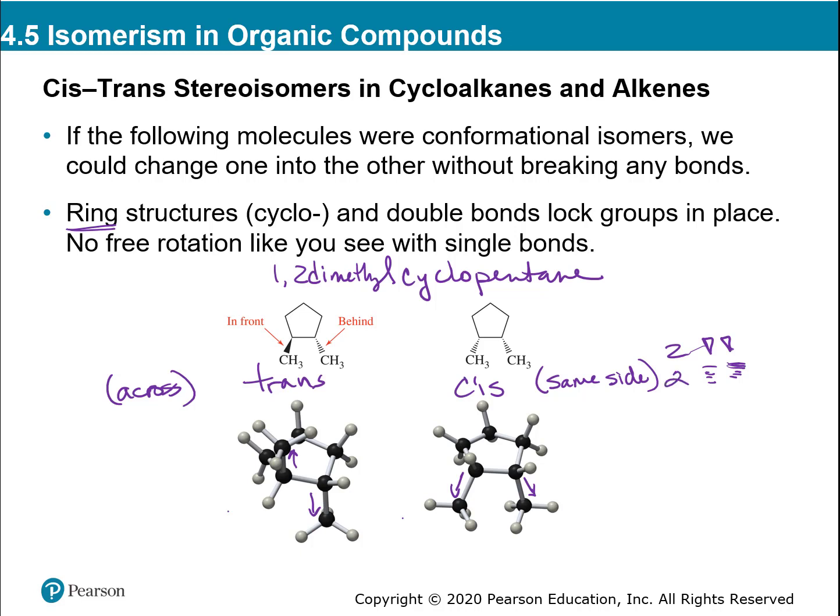Okay, so I'm either going to have one or the other. And remember that a wedge indicates it's pointing towards you. So if I took this ring and held it flat on the board, wedges mean that the non-hydrogen group would be sticking out. The dashes would show that they're pointing backwards.